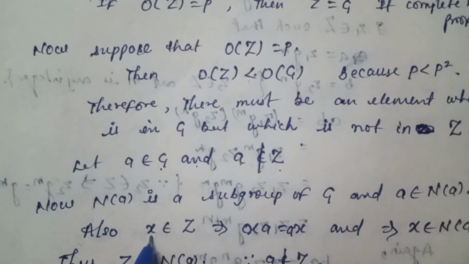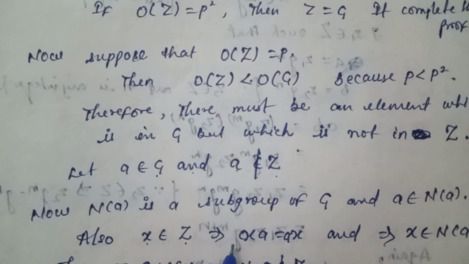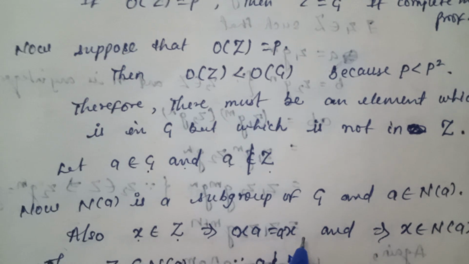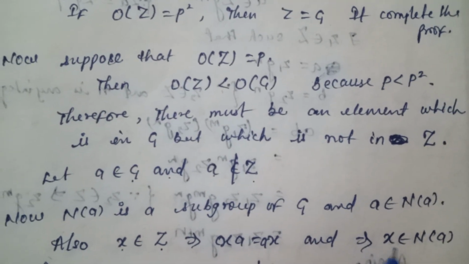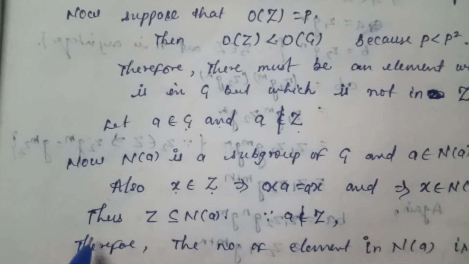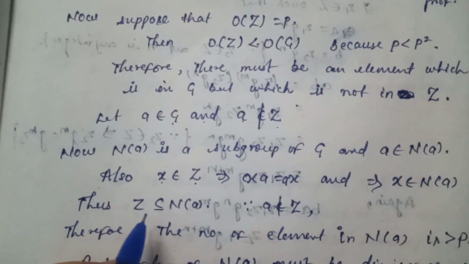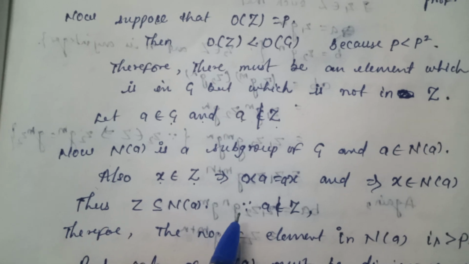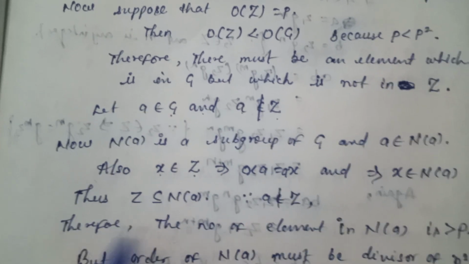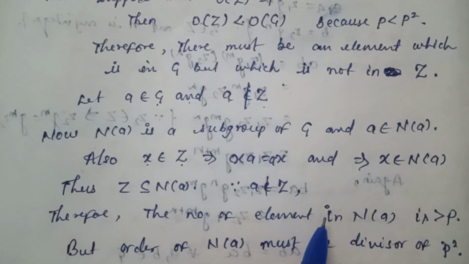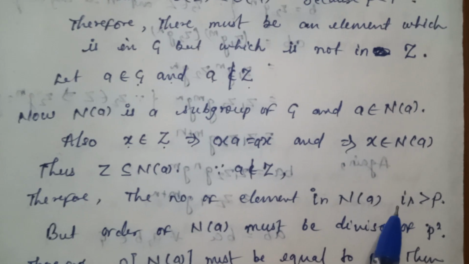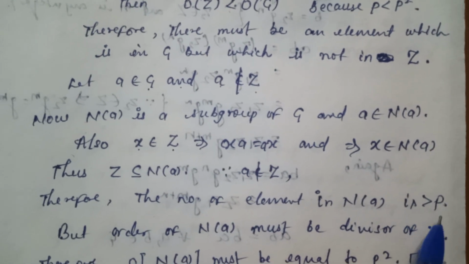Also, X belongs to Z implies that XA is equal to AX, so X belongs to N(A). Thus Z is a subset of N(A), and since A does not belong to Z, the number of elements in N(A) is greater than P.